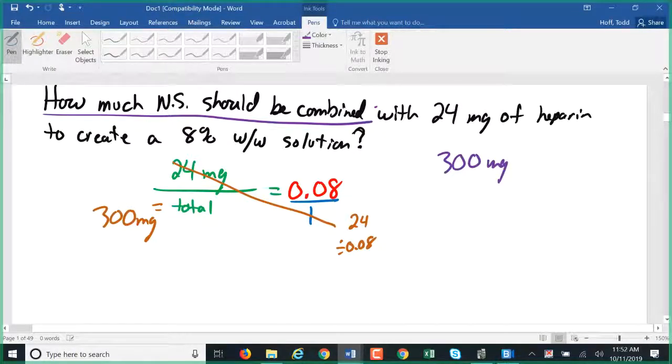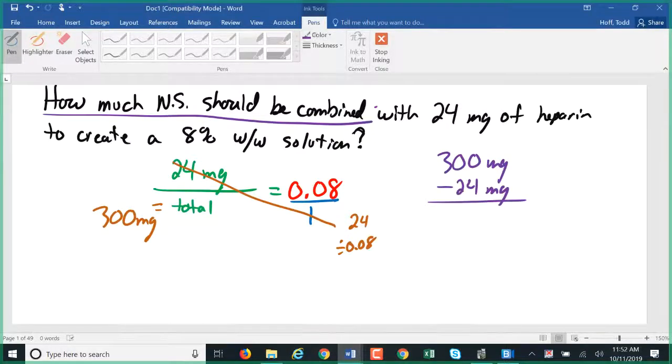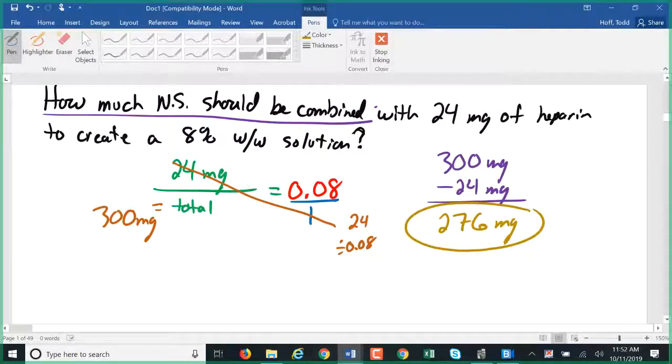We need 300 milligrams of total solution, have 24 milligrams of serum. The amount of saline is found by subtracting, 276 milligrams of saline.